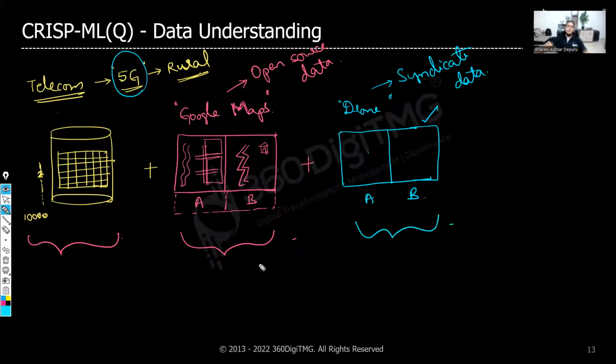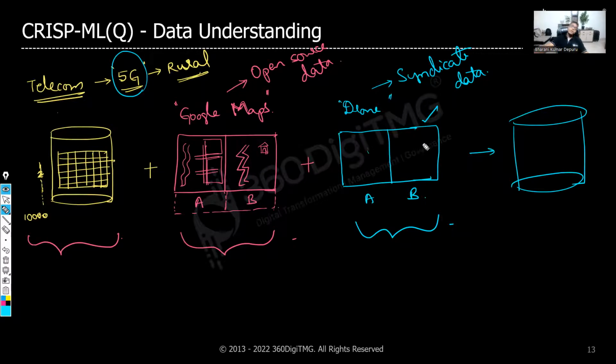So the moment you keep combining the data given to you by a customer along with some other data which is publicly available, either it might be open source or it might be syndicate data, ultimately, when you get access to all this, and when you combine the data from all these sources, and then when you analyze, your results will be outstanding, simply outstanding.